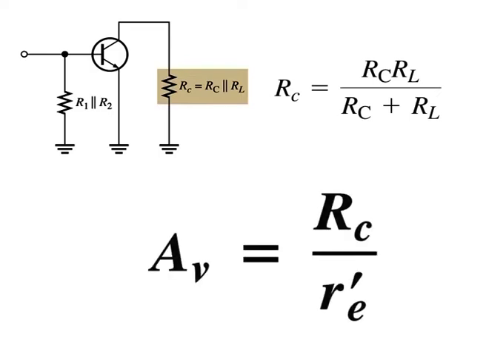Replacing Rc with rc in the voltage gain expression gives Av is equal to rc over r'e. Here r'e is the AC emitter resistance and rc, that is r with lowercase subscript c, is the total collector resistance.